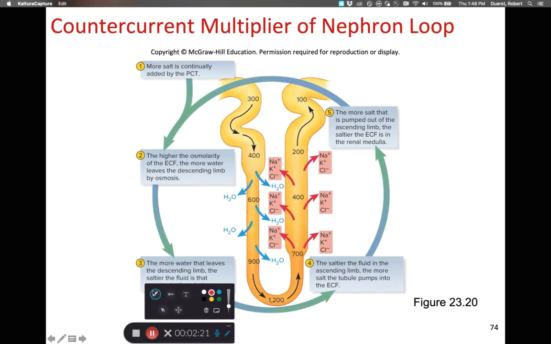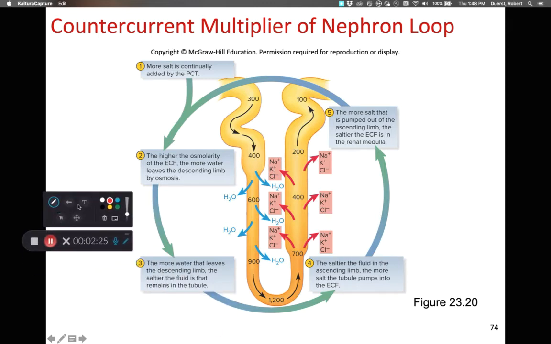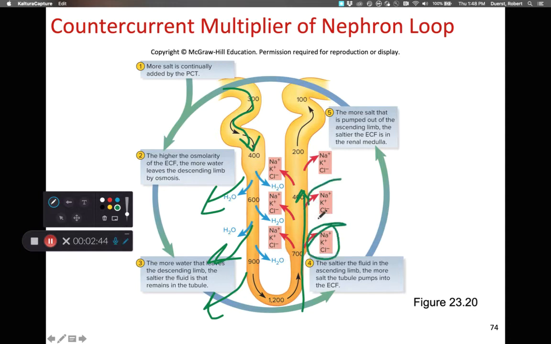So to show it in terms of a picture, we have dilute filtrate entering the nephron loop. It becomes concentrated as water is pulled out, and then on the way back up, we dilute the filtrate not by adding water, but by pulling ions, electrolytes, out of it with active transport.